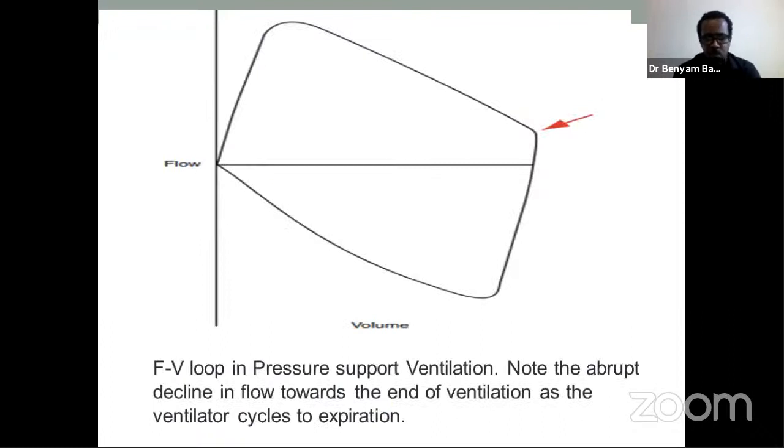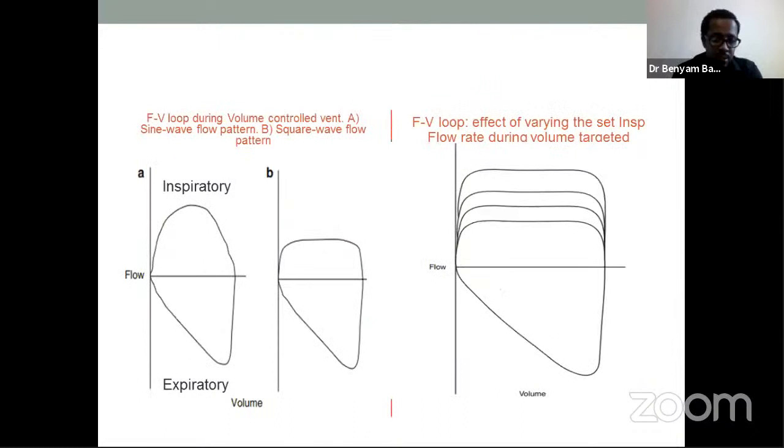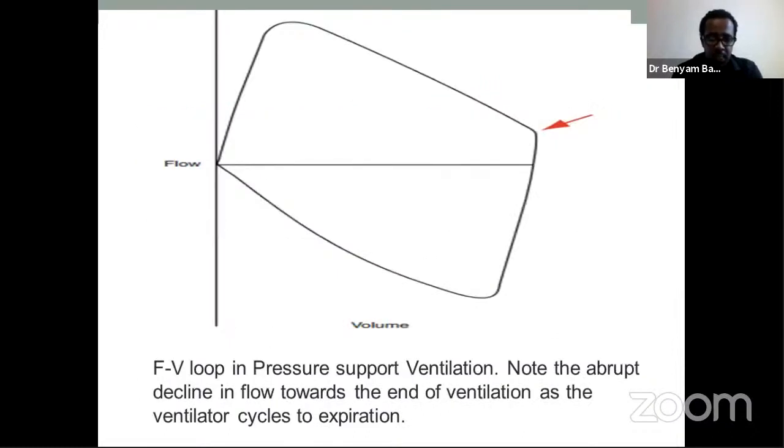So what else could we see on the flow volume loop in pressure support ventilation? This is volume control ventilation, and this is pressure support ventilation. Whenever we set pressure support ventilation, or PSV, not pressure targeted ventilation, the cycling is dependent on the flow.